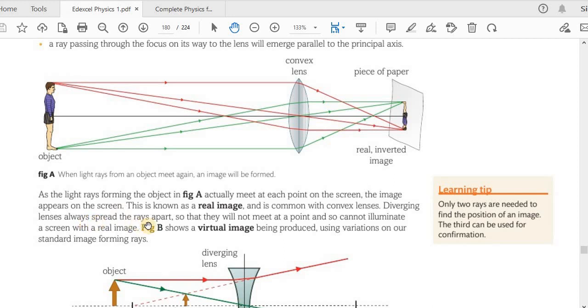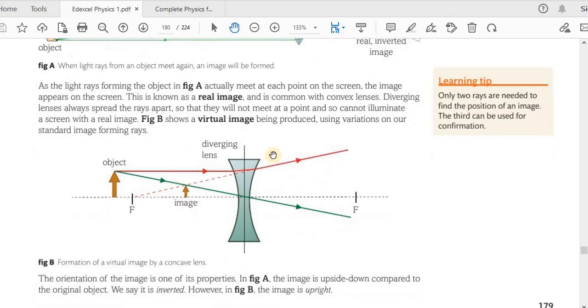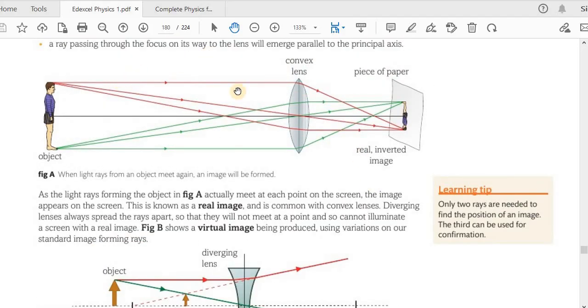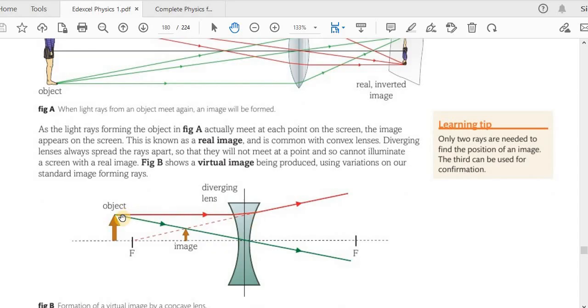Diverging lenses always spread the rays apart, so they will not meet at a point and so cannot illuminate a screen with a real image. Figure B shows a virtual image being produced using variations on our standard image forming rays. Now here remember we had 3 lines, but how do we do this? Here you can see this is the ray and it gets diverged.